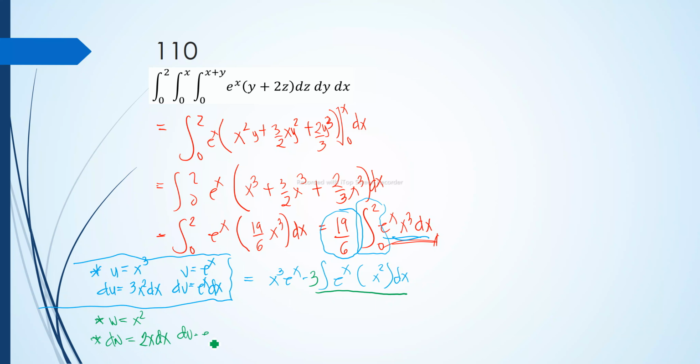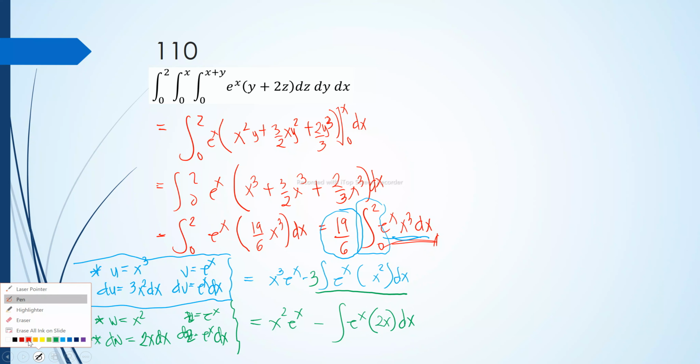And our dv is equal to e to the x dx, and v is equal to e to the x. So we have uv, that is x squared e to the x, minus integral of v dw. So that is e to the x times 2x dx.